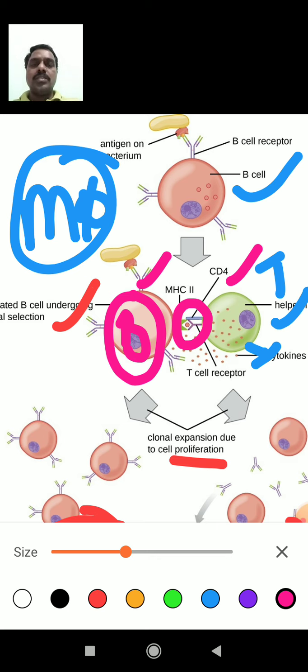By this process the B cells are also activated.